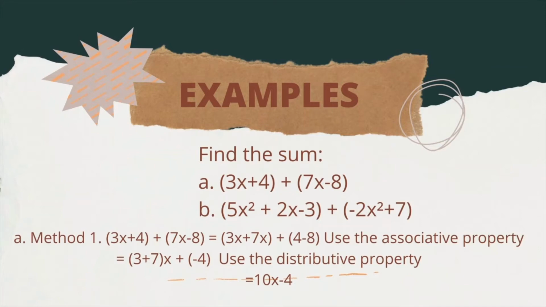For the second step, we use the distributive property: (3 plus 7) times x plus (negative 4), and the result is 10x minus 4.